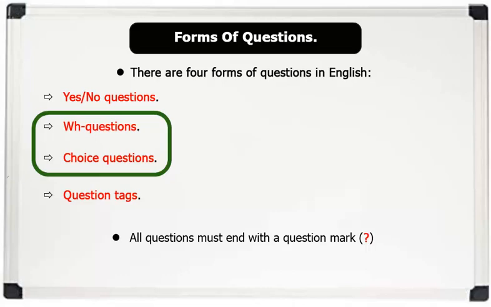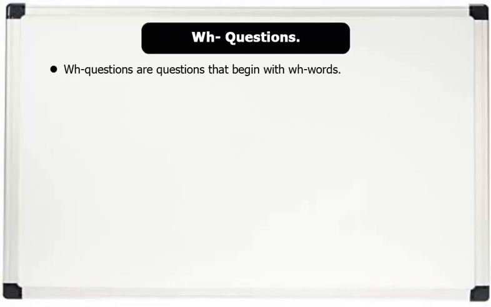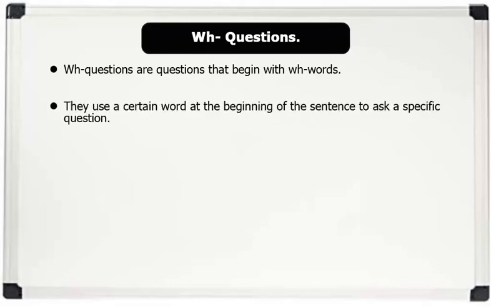Let's go over to WH questions. WH questions are questions that begin with WH words. They use a certain word at the beginning of the sentence to ask a specific question.